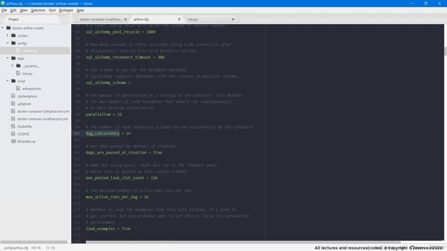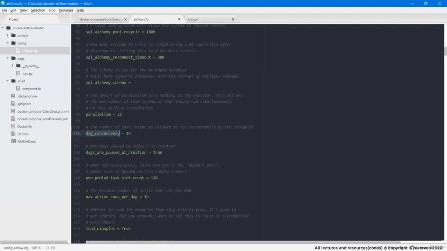So suppose you have 4 DAGs, each having 10 tasks running in parallel. If your parallelism is set to 32, then a total of 32 tasks would run in parallel and not 40. And if DAG concurrency had been set to 8, then within a DAG only 8 tasks would run in parallel and not 10. I hope it was clear.